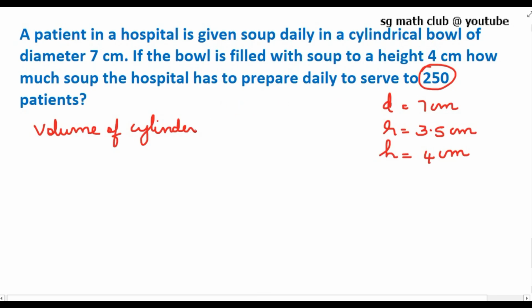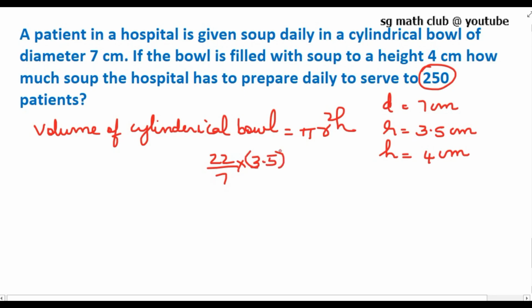So the volume of the cylindrical bowl, or the volume of the soup one patient will consume, we'll find out first. That is pi r square h, 22/7 into 3.5 the whole square into 4, which is equal to 22 into 0.5 into 3.5 into 4. This is the volume of soup one patient takes.